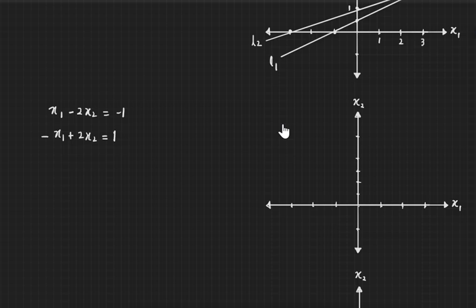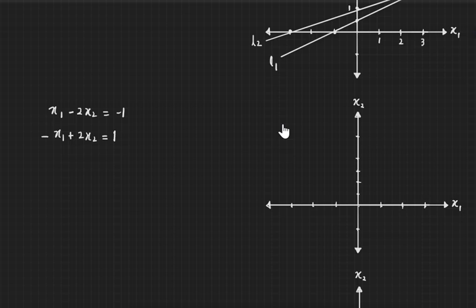In the previous video we discussed this example, and we said that these 2 linear equations are the same equation, because one can be obtained from the other by multiplying with minus 1. If we multiply the first equation with minus 1, we get the second equation. If we multiply the second equation with minus 1, we get the first equation. It means the solutions of these 2 equations would be the same.